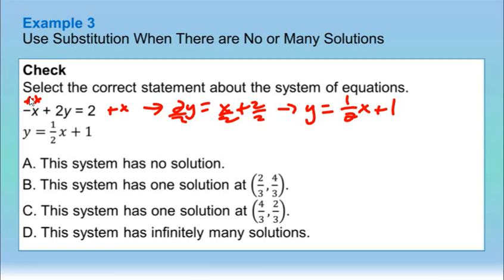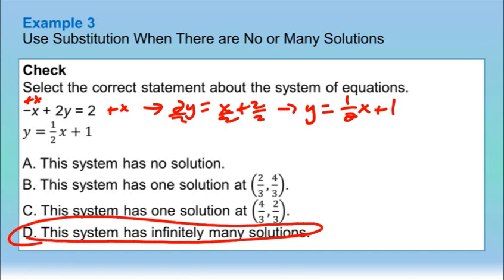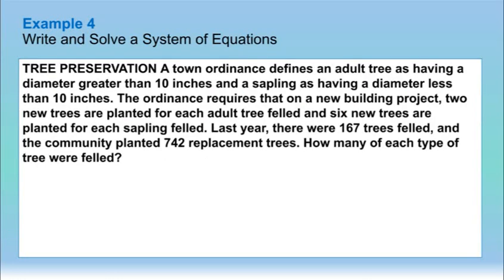If the top one is y equals 1/2 x plus 1 and the bottom one is y equals 1/2 x plus 1, they would be many solutions because they are the same exact equation. Now, if the y-intercepts were different, then it would be no solution. Because the equations are identical, it would be D, many solutions.